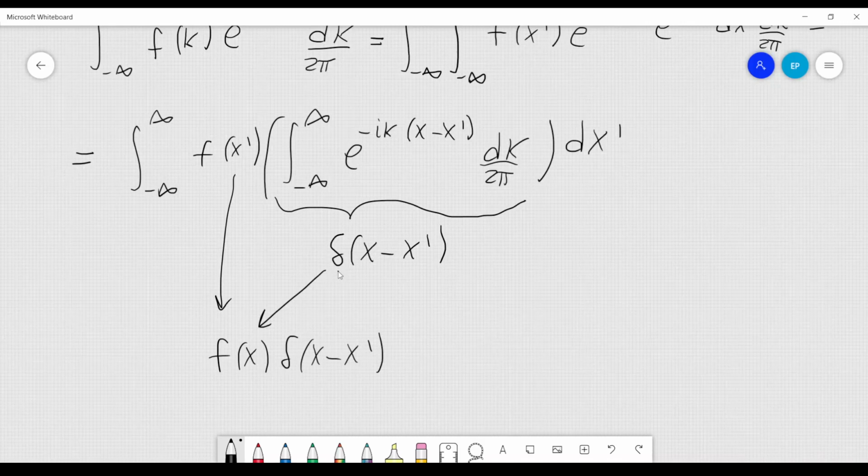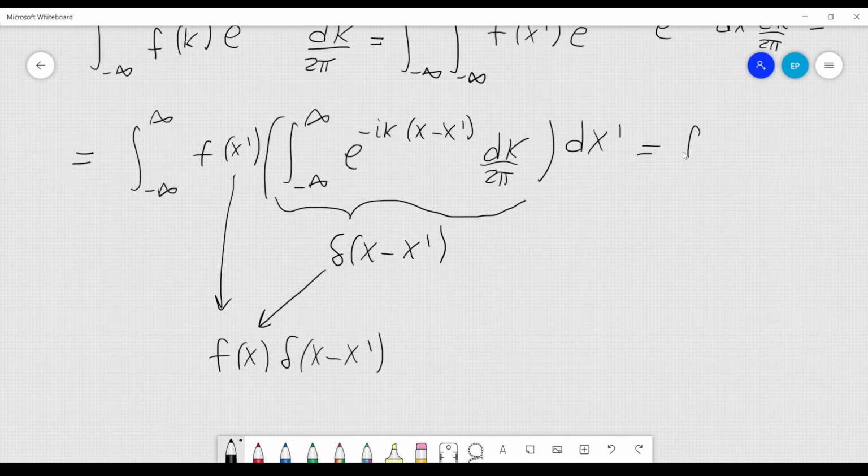That's because this delta function has an impulse located at the point x prime equal to x, and therefore I can evaluate this function f of x prime at the point where we have the impulse, because where there is no impulse, the Dirac delta function will be 0, and therefore I can simply replace x prime with x inside this function, because where x prime is not equal to x, we get that the result is 0. I hope you understand that.